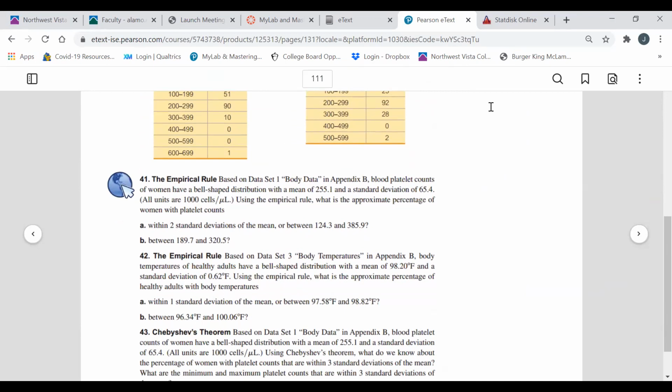It says, use the empirical rule. Based on data set 1, body data in Appendix B, blood platelet counts of women have a bell-shaped distribution with a mean of 255.1. So I'm going to write it down.